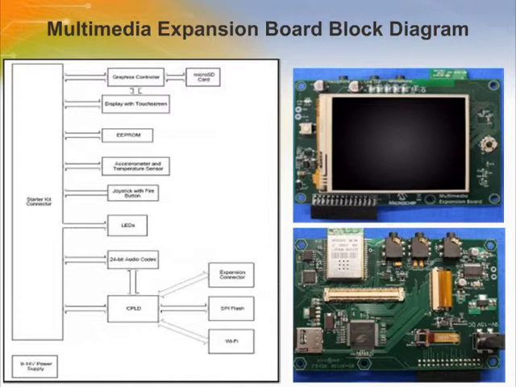This page shows block diagrams of the Multimedia Expansion Board. The snapshot of the DM320005 is shown here. It consists of a Solomon Systech graphics controller SSD1926, a microSD card slot, a regulated 3.3 volt and 1.8 volt power supply for powering the board via a starter kit or 9 to 14 volt power supply.